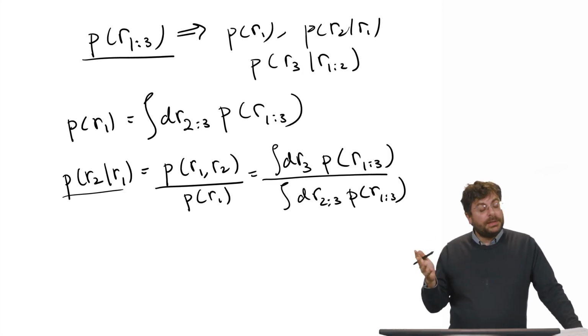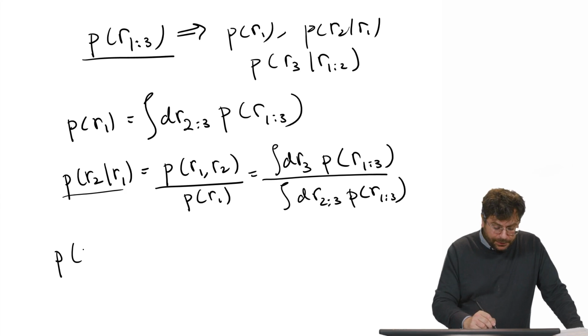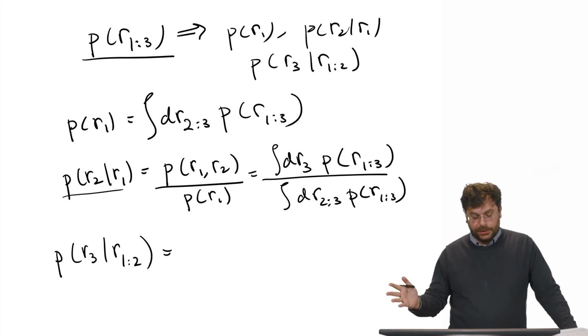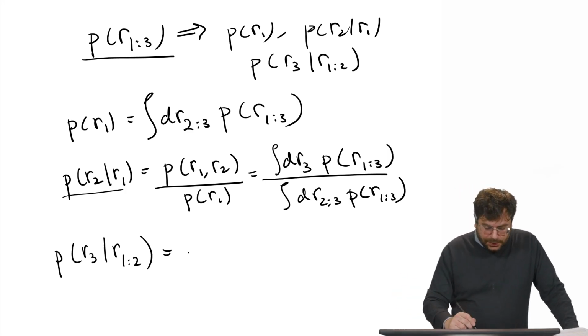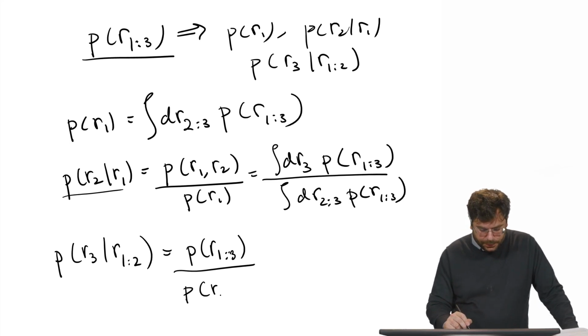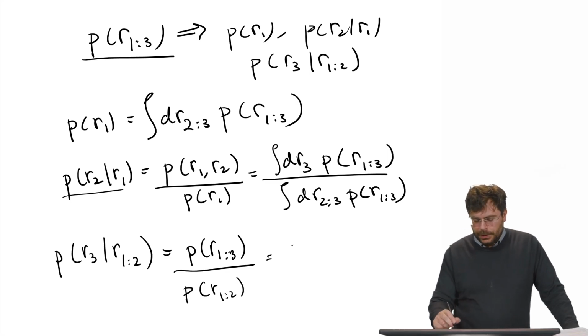And now we just have one calculation left. P of R3 given R1 to 2. How do I do that? Well, that's going to be P of R1 to 3 divided by P of R1 to 2. P of R1 to 3 is already my joint distribution.